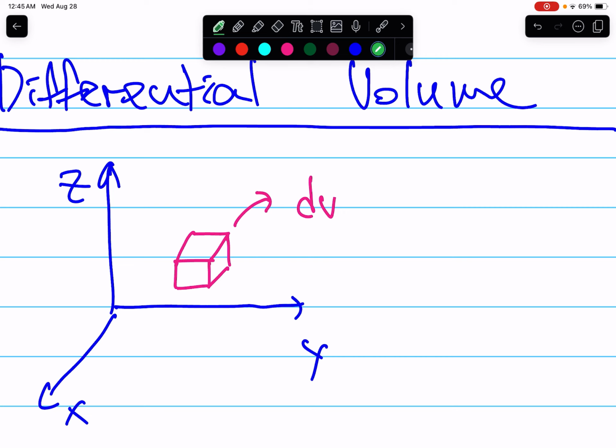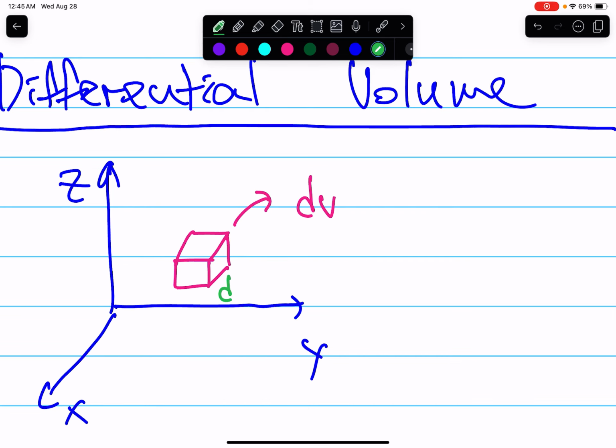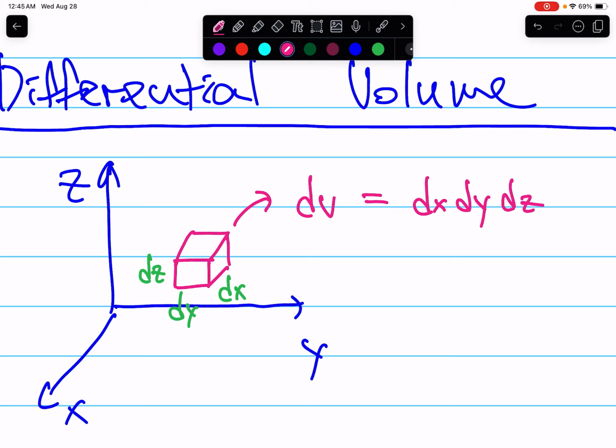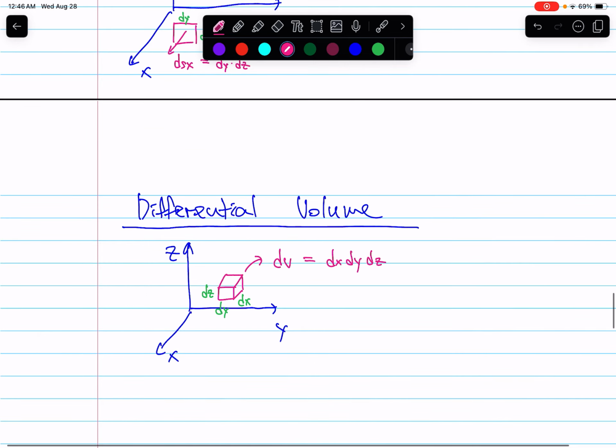But if you look at the component of this, it is dx, dy, dz. So the way you express dV is dx, dy, dz. Okay, tiny amount of x and tiny amount of y and tiny amount of z results in a tiny volume. So this is a definition of a differential volume.